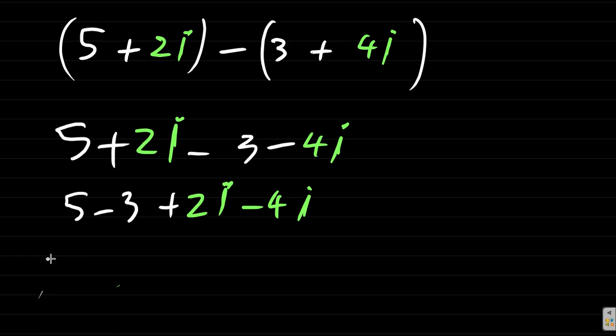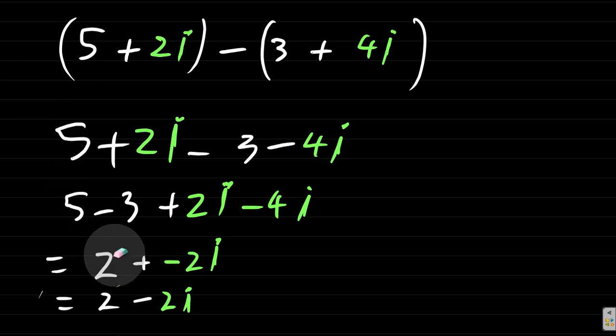So we have 5 minus 3 is 2. See? Plus 2i minus 4i is what? Negative 2i. So the final answer is 2 minus 2i. See that?